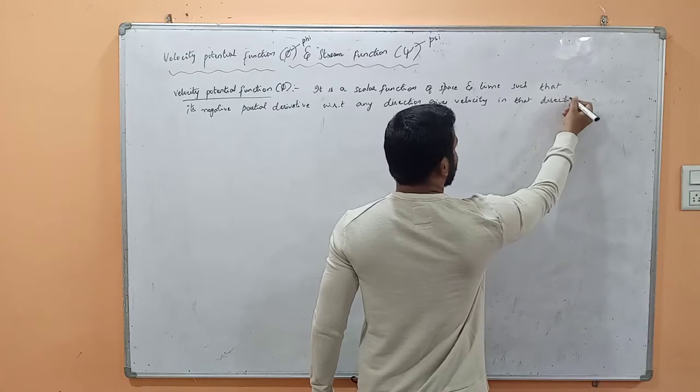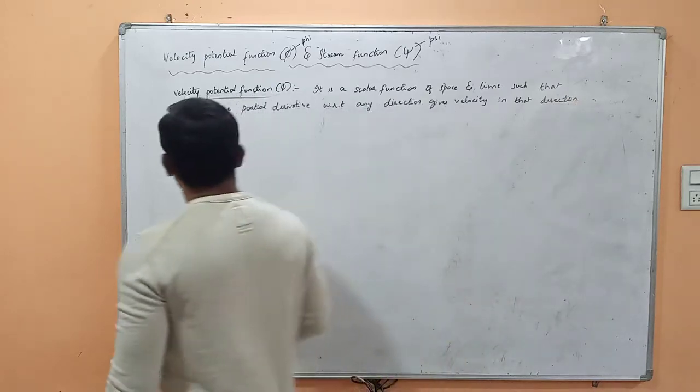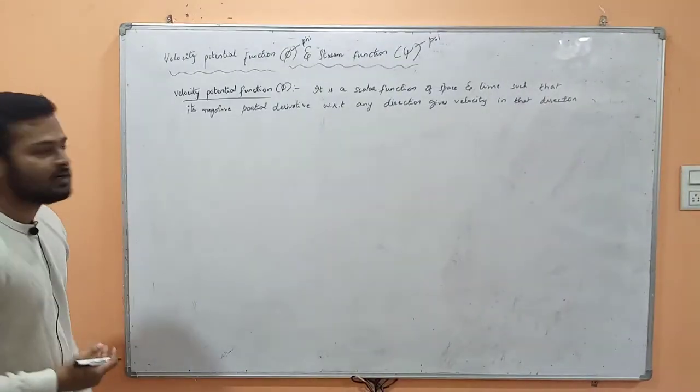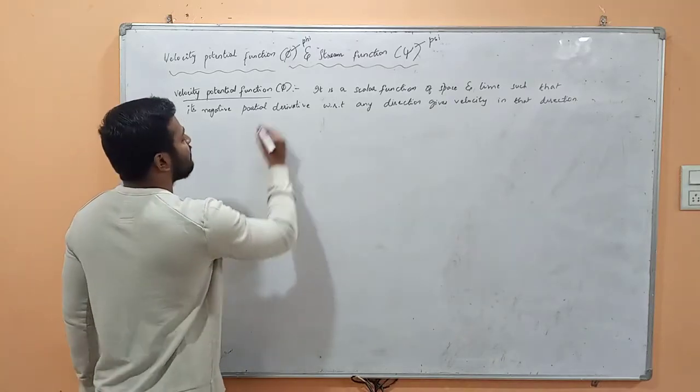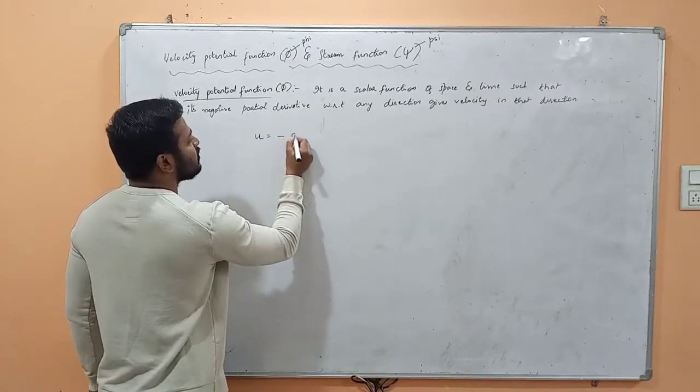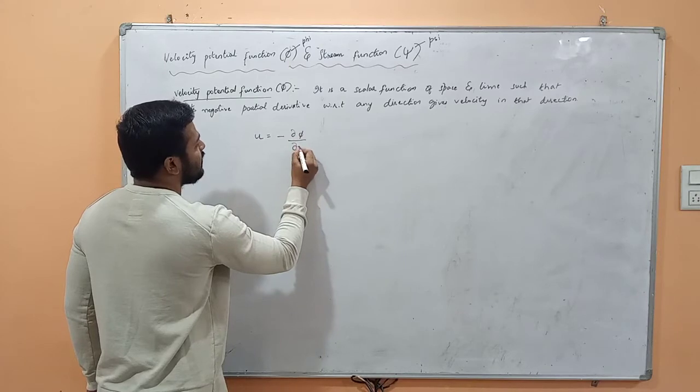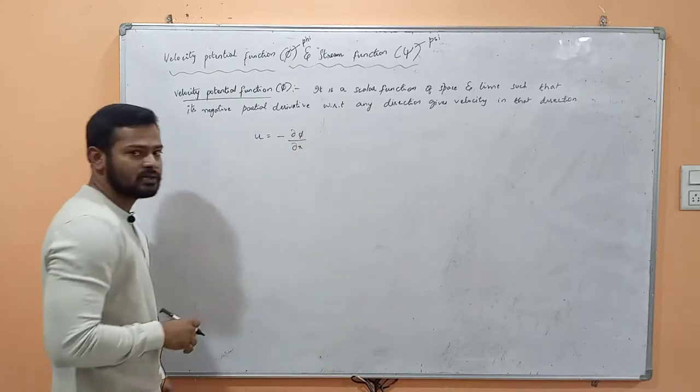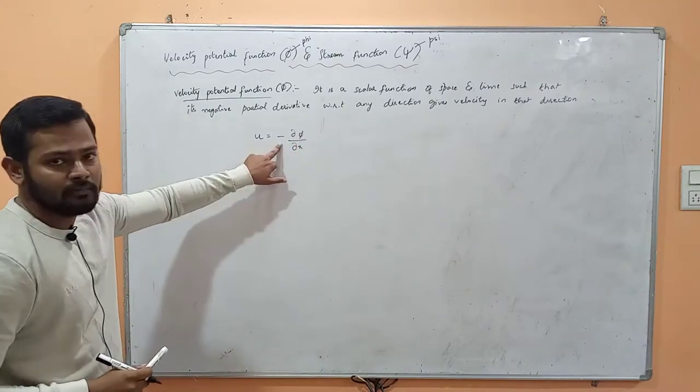So you don't have to mug up this statement. Sometimes this is asked in the final exam. When phi is given, when you differentiate this phi with respect to x, you will get velocity in x direction, but a minus should be added here.